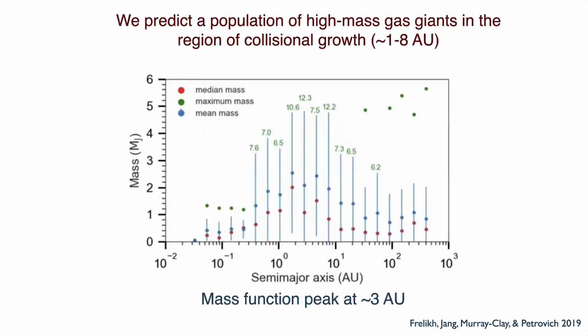And the prediction that this makes is that the mass function, not the number of stars with planets of this mass, but the mass of the maximum masses that you make, peaks at between 1 and 10 AU, about 1 to 8 AU. So that's where you should get the highest mass companions, and out farther at more distant distances, you don't get as high mass companions.